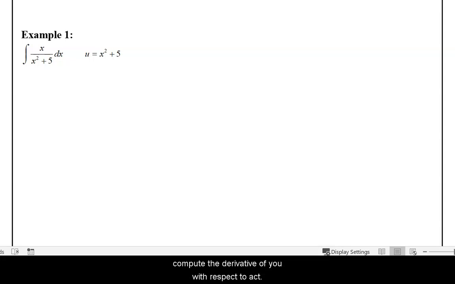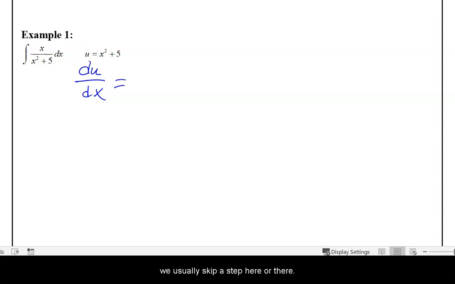Now let's compute the derivative of u with respect to x. I'll start off slow, working out every single step, and then I'll start showing you how we really do it. And as you know, we usually skip a step here or there. The derivative of u would be 2x, the derivative of 5 being 0.